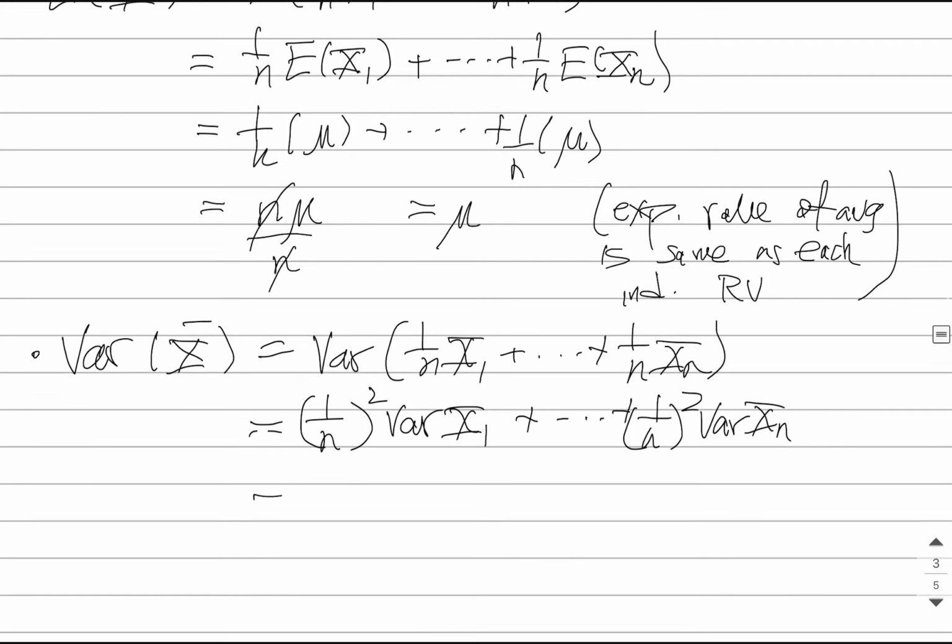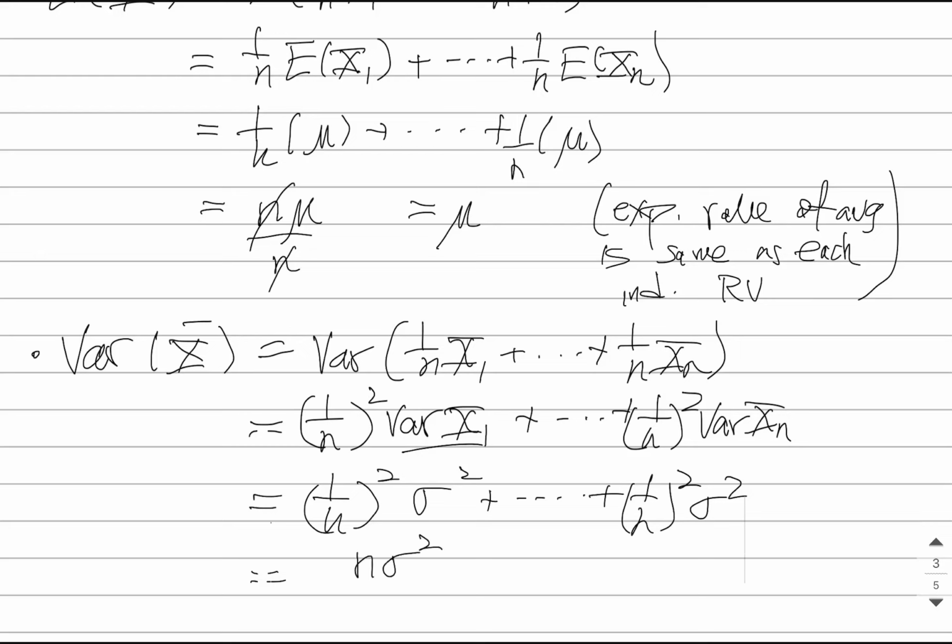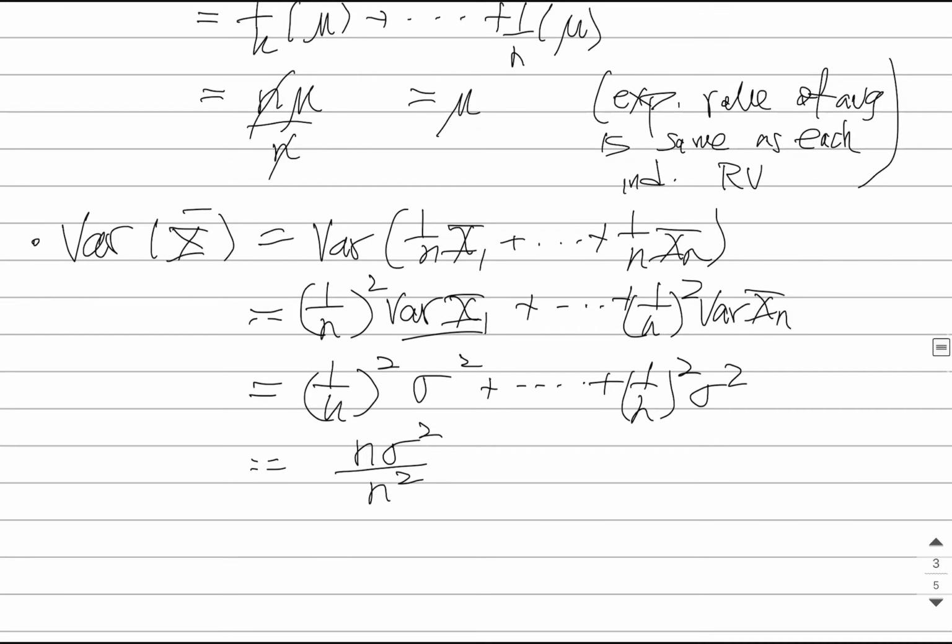And because we've also made the assumption that each random variable has the same variance, we end up getting this. We end up getting n bunches of sigma squared, and each one of them has the same denominator. So what ends up happening is that the variance gets reduced. It gets reduced by a factor of 1 over n.